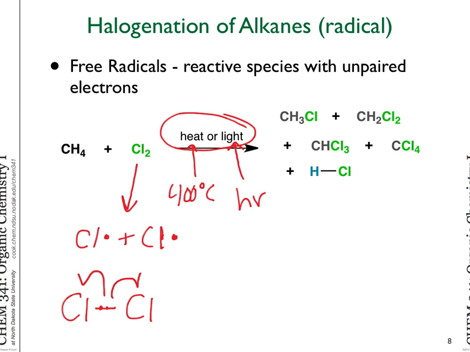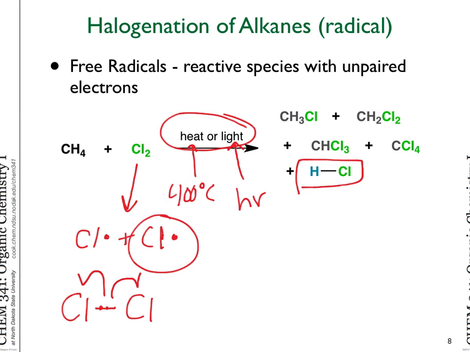Once you generate that, then these reactive free radicals can react and interact with organic halogen compounds. And you'll notice one of the things about this process is it's not that selective in terms of what kinds of products it can form. HCl is one byproduct because we've replaced a hydrogen with a chlorine, and then that hydrogen has to go somewhere, so it's the other end of the chlorine.